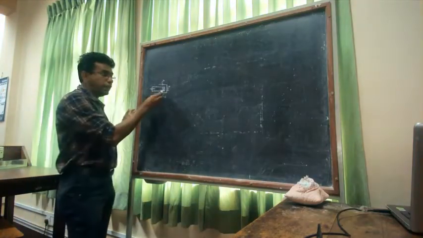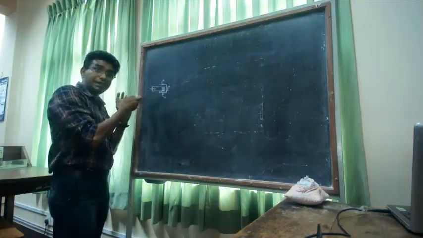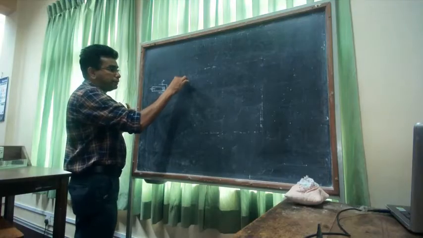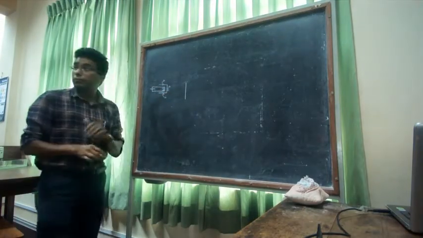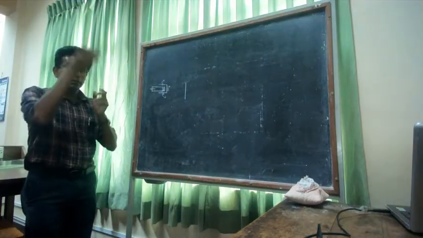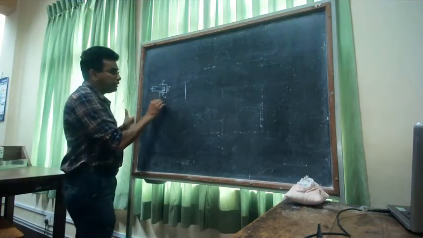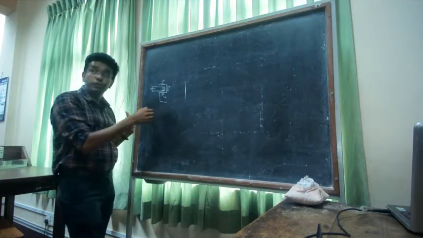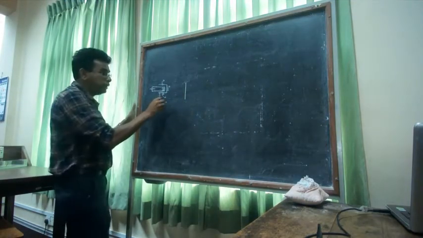You have to apply an electric field so that they get attracted, right? So I put, let's say, an anode, another metal electrode, and I apply a large voltage. This side has to be positive, so that electrons will get attracted.